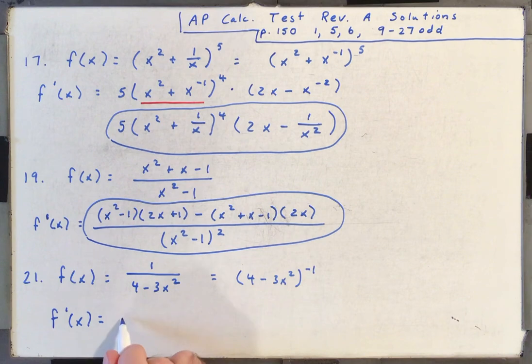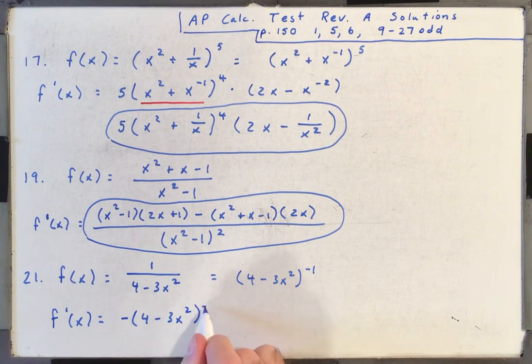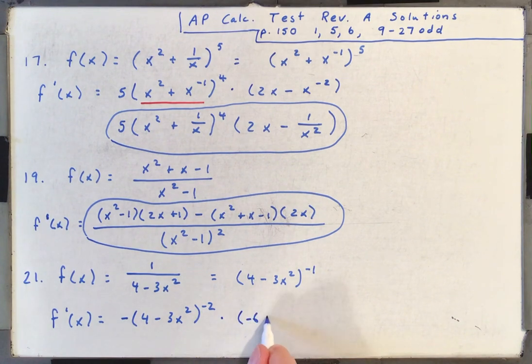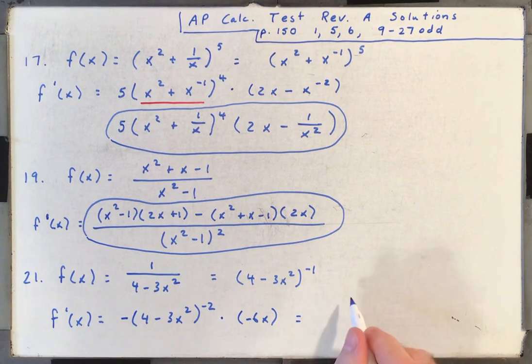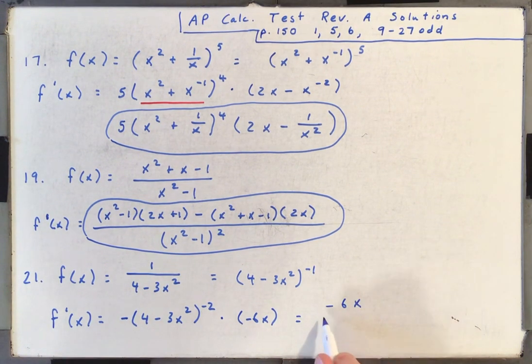Negative 1 out front, so that'd be negative 4 minus 3x squared to the minus 2. And then we have to multiply by the derivative of the inner function. So that would be minus 6x. All right, 2 times negative 3, so minus 6x. Cleaning that up, I'm going to have a minus 6x on top.